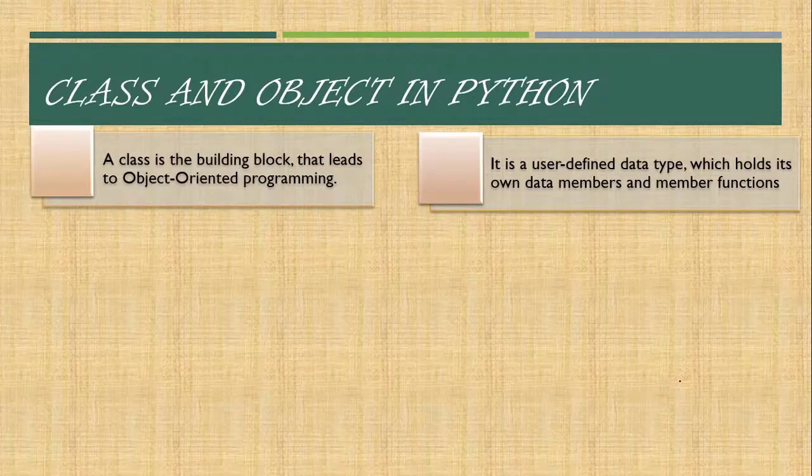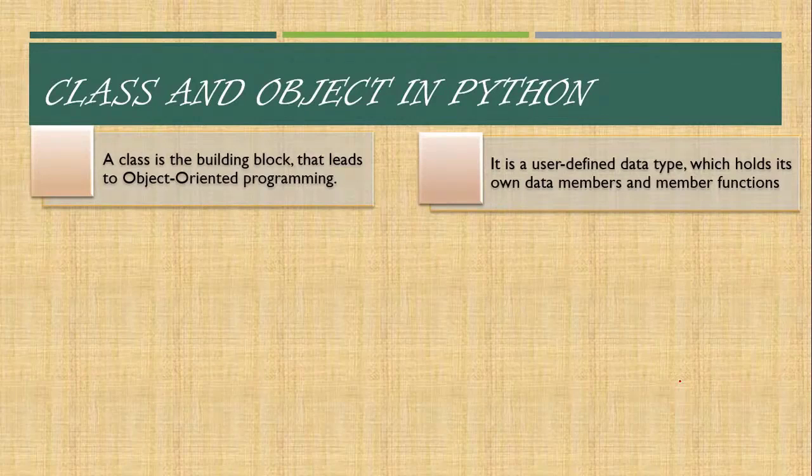So it is a user-defined data type which holds its own data members and member functions. This data type has a set of data members or variables, and for a particular class we can say it will have some instance members, or instance variables, and there will be some functions in it. If you have studied the C programming language, you must have studied the concept of the structure.